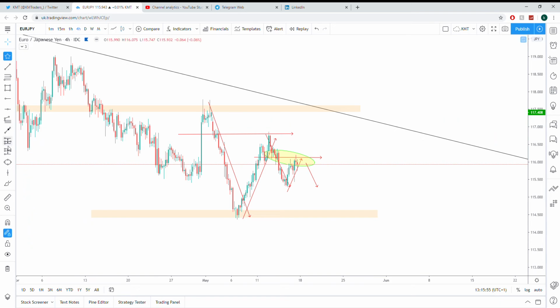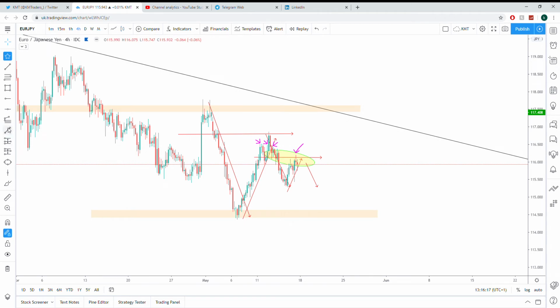So again, we talk about what rejection candles are. This here is an example of a rejection. This here is an example of rejection. So it's not exactly waiting for that push to the upside.